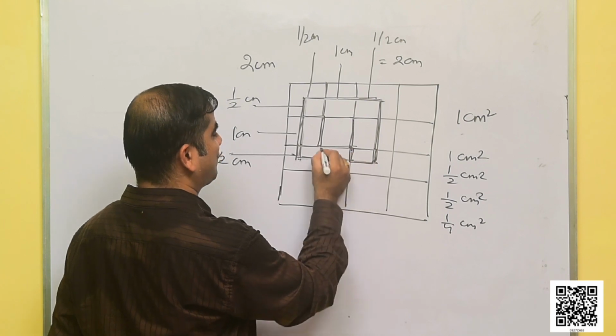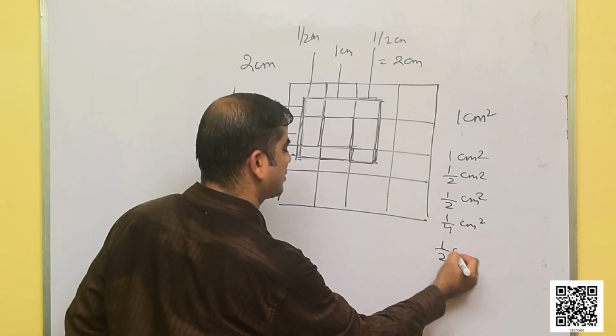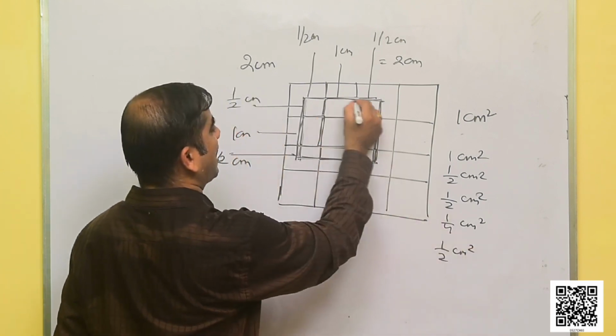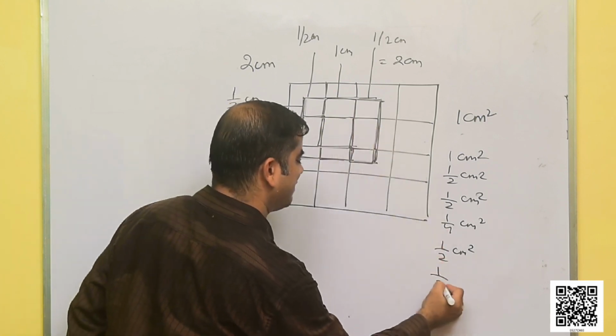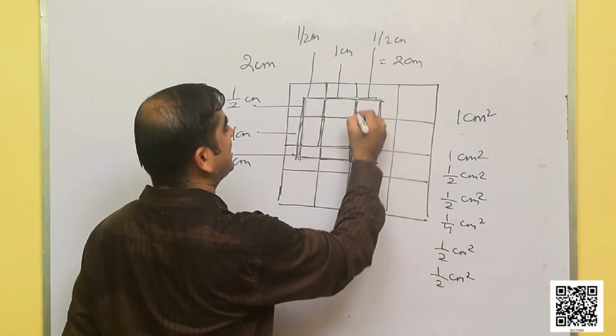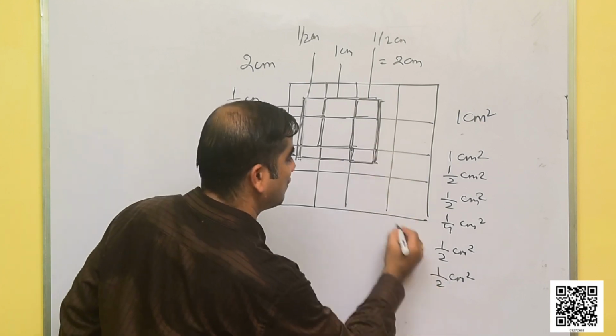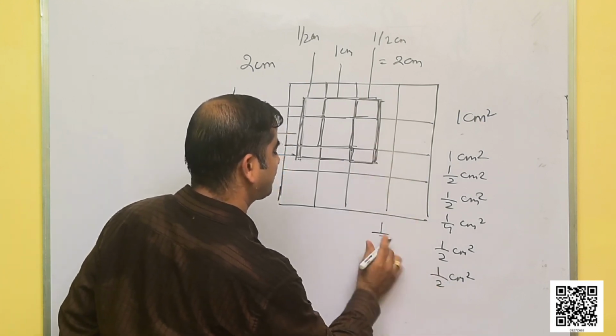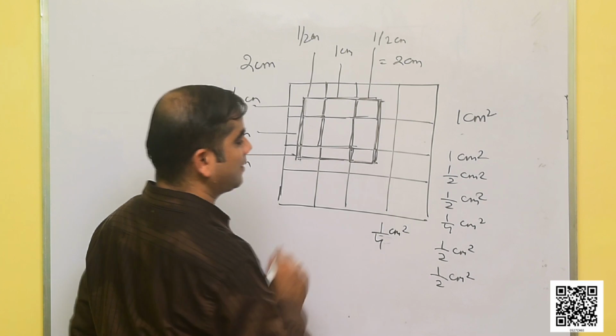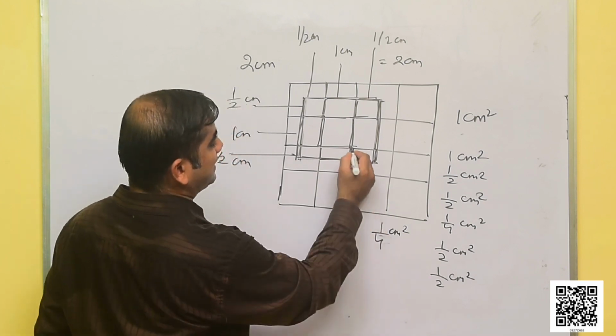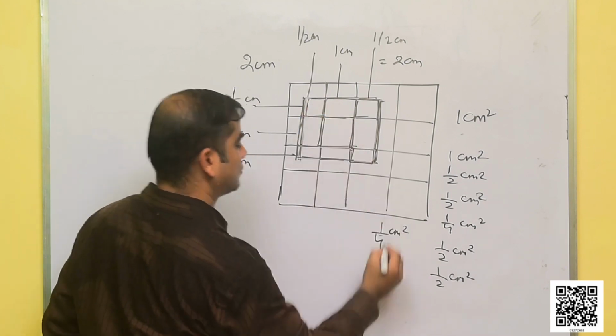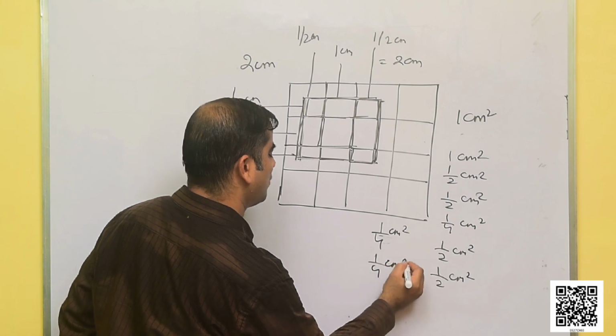This is half centimeter square. This is also half centimeter square, and this is 1/4, 1 by 4 centimeter square. And this is 1/4, so 1 by 4 centimeter square.